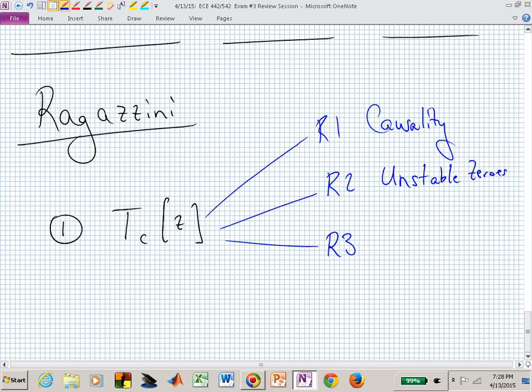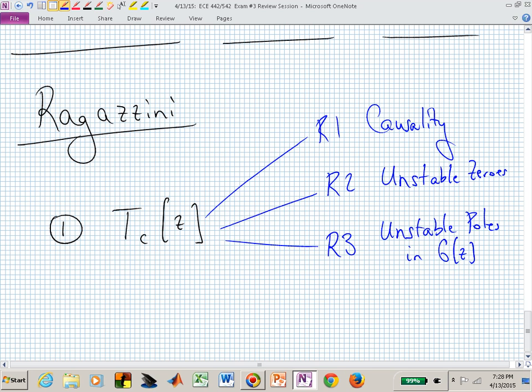Restriction 3, if you have unstable poles in G of Z, you definitely don't want your controller putting zeros to cancel those. And to offset that possibility, that's what restriction 3 solves.